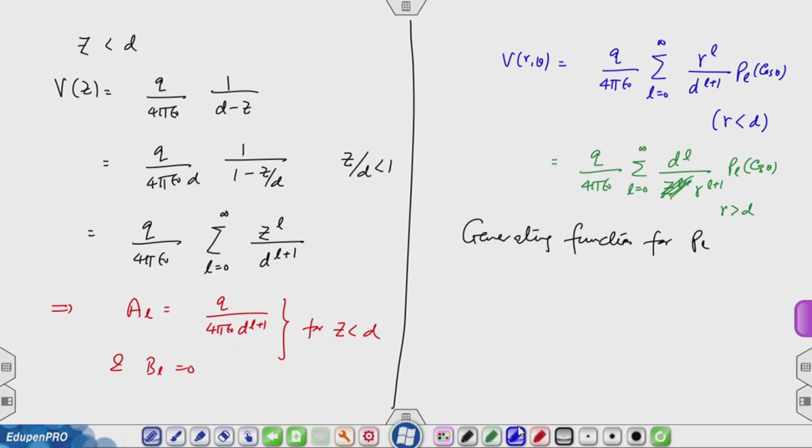So this relationship is 1 minus 2 x t plus t square raised to minus a half is equal to summation n P n x t raised to n. And I'll leave this for you to prove.